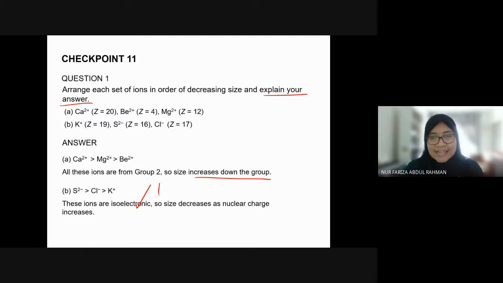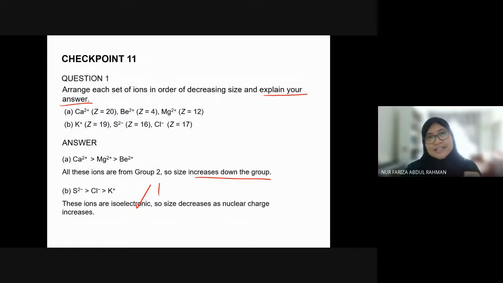Unless dia mention pasal explain the trend. Even the word explain itself pun, you have to include the reason why the arrangement is as such. Okay, you have to describe, you have to explain that. Okay, so stating the trend usually tak dapat markah pun.